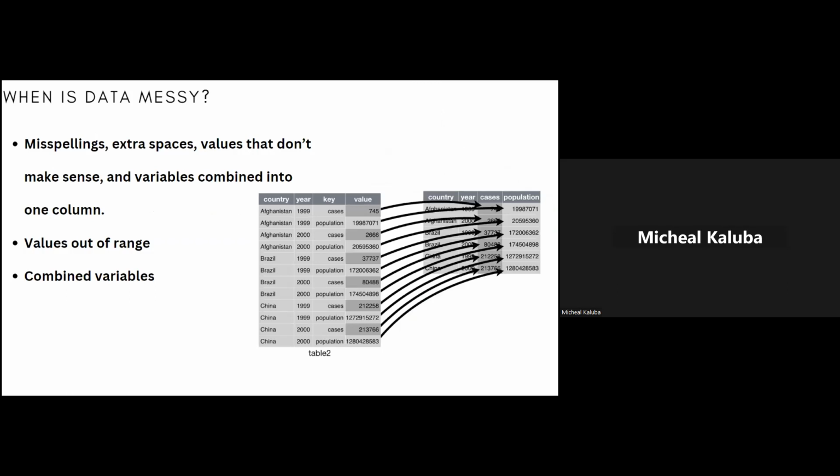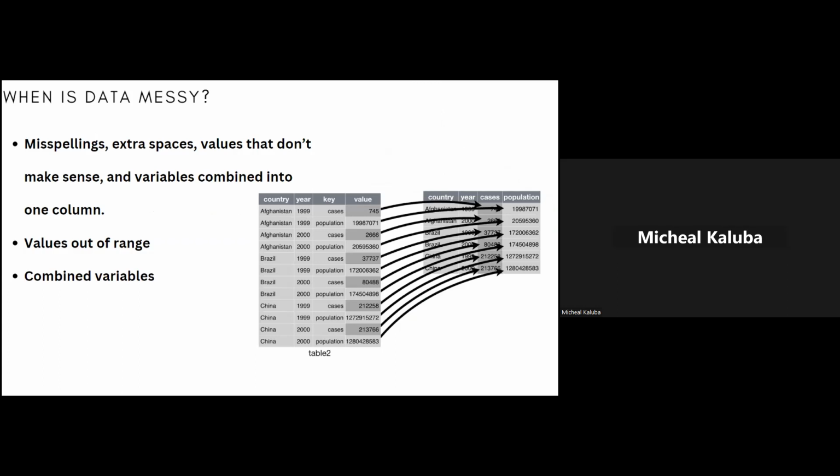What is messy data? When is data messy? Data is messy when it has misspellings, extra spaces, values that don't make sense, variables that are combined into one column. So if data is supposed to be in two columns and you have it in one, that data is said to be messy.